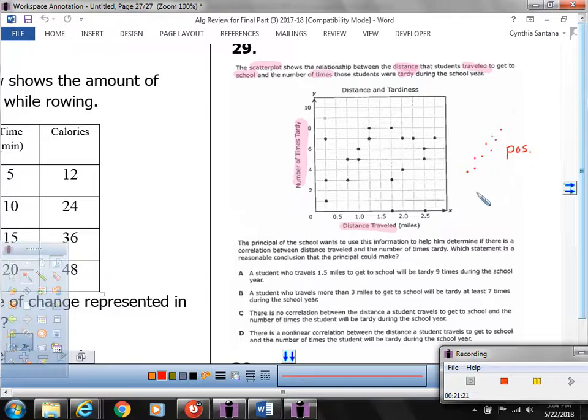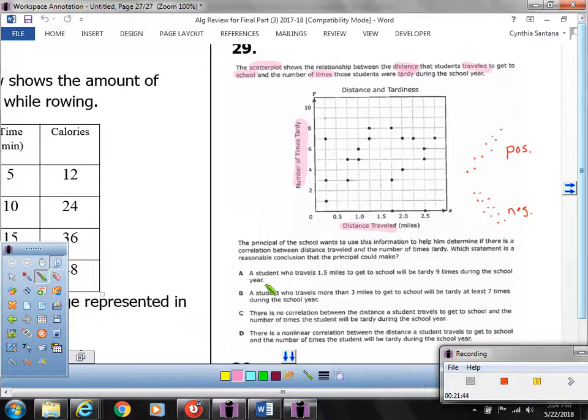Or you might have your scatter plot coming downward, but again, the points would be kind of closely together, and this would have a negative correlation. Or your points are like all over the place, which seems to be what's happening here. So I'm going to look for an answer that says that there is no correlation.